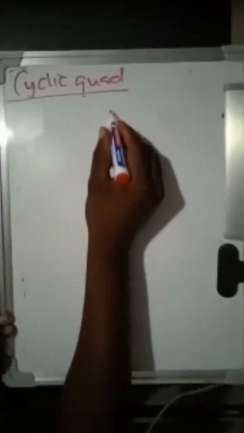A cyclic quad is a quadrilateral. A quadrilateral is a four-sided shape. Okay, so a cyclic quad is a quadrilateral with all four vertices actually touching the circumference, like that.